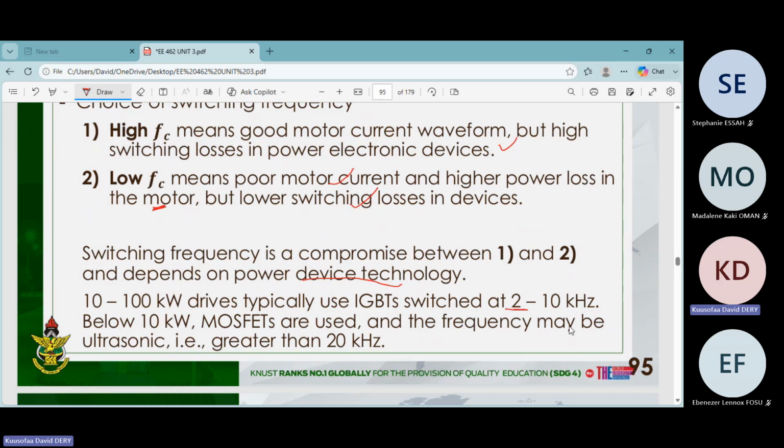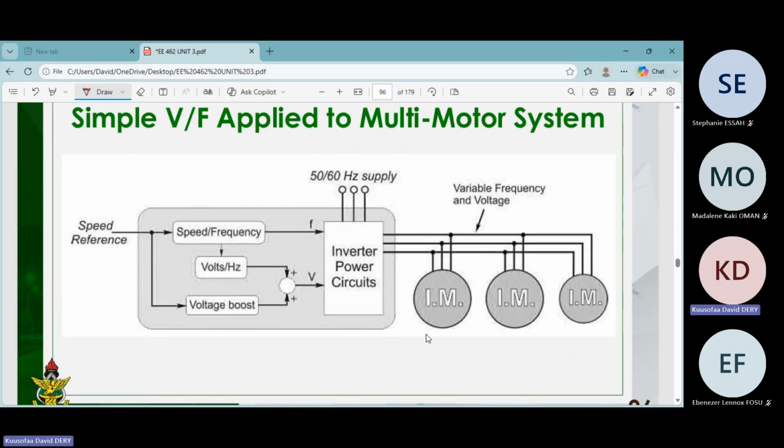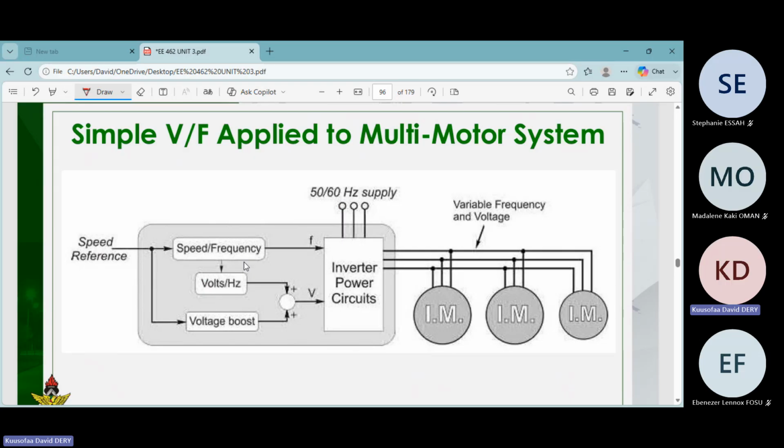The frequency may be ultrasonic, that is, a little greater than the audible frequency range, because the power is low, so you have to switch at higher frequencies. This is just a simplified diagram for a multi-machine system, where one power converter is feeding different induction motors.